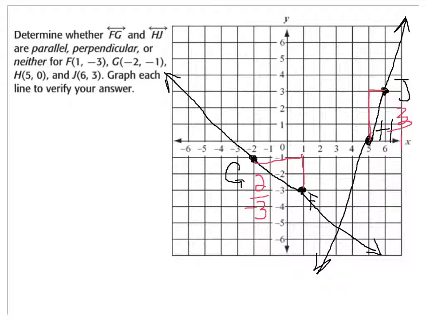Okay, now if I look at these two fractions, 2 over negative 3, and 3 over 1, I can tell that these two lines are neither parallel nor perpendicular. Parallel lines have the same slope.